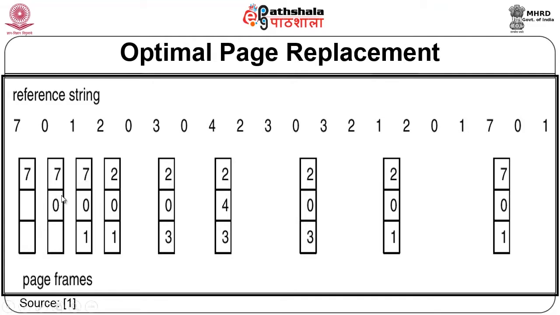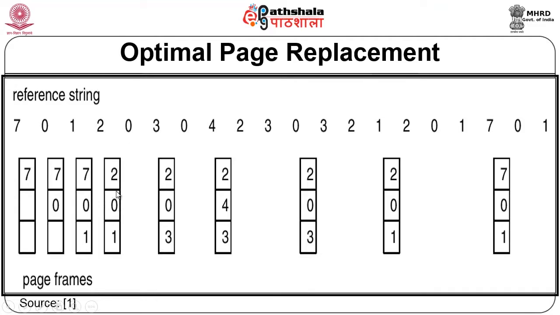So, 7 is chosen for replacement, and this page 2 is brought in instead of 7, or 7 is moved out and 2 is brought into the main memory. The next memory reference is for page 0. Page 0 is present here in the main memory.